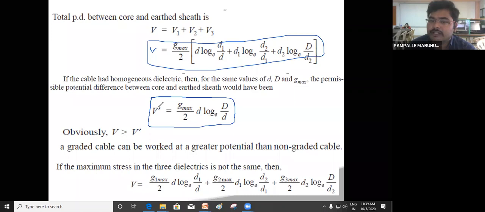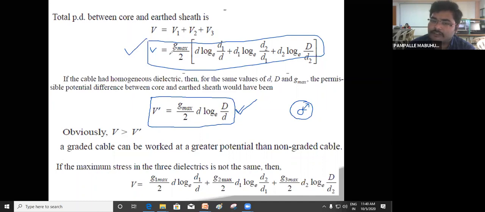Without considering grading, you will have the conductor with only one layer of insulation. So the voltage equation is V dash equal to G max by 2 D ln D by d. So this is without grading and this is with grading.